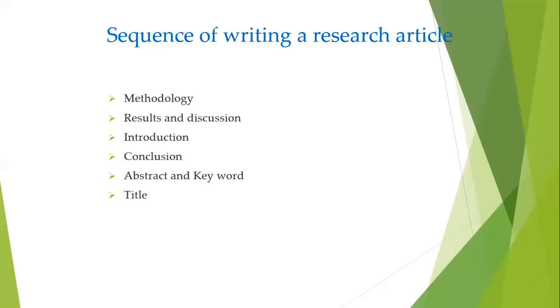We generally go for the abstract last because the abstract is like an advertisement. If you see most of the databases, for example Google Scholar, Scopus or Web of Science, everywhere you will find that only the paper title and the abstract are freely available to read.